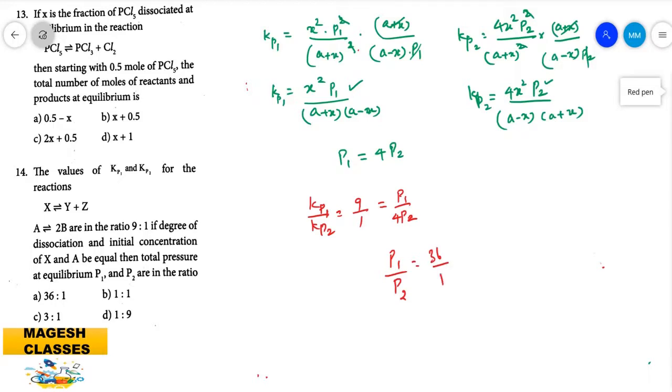By cross multiplication, 36 P2 is equal to P1. So P1 by P2 is 36 to 1. Our option is A. The problem is solved by comparing Kp1 and Kp2 with the total pressures P1 and P2.